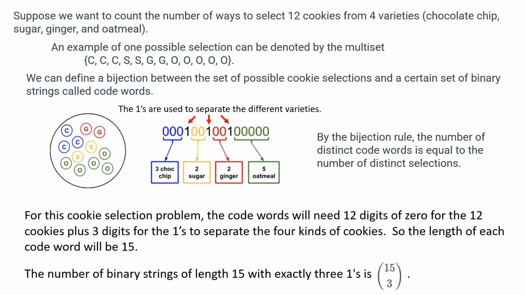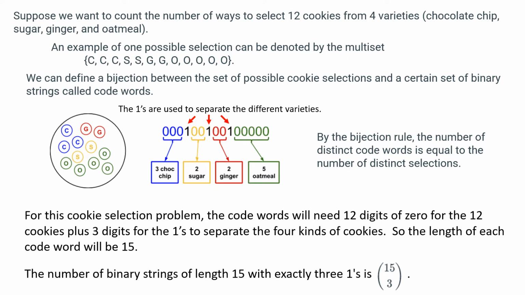Okay, so look at that, 12 and 4, and we got 15 and 3. Remember how we got the 15 and the 3. Well, the 3 down below was how many ones we need, and so that would be the number of varieties minus 1. So it was 4 minus 1, that was 3. Now, how did we get the 15? Well, it was however many cookies we were choosing plus the 4 varieties minus 1, right?